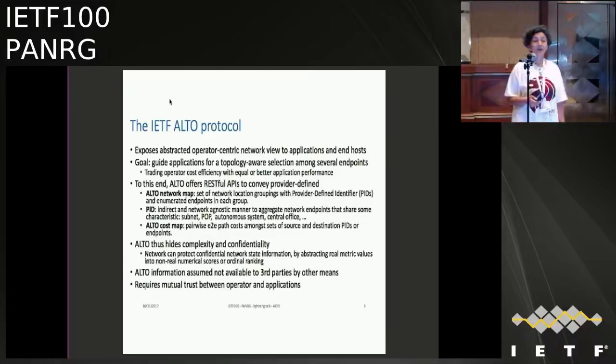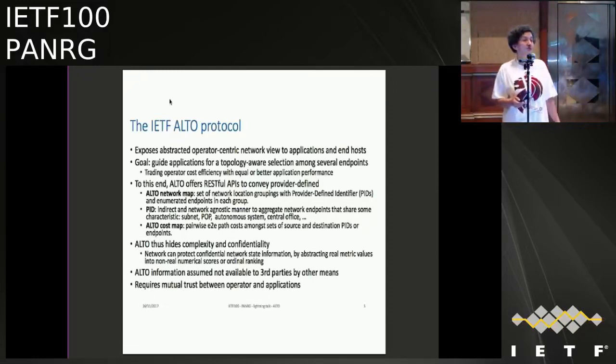So the provider identifier may be expressed in natural languages. So it's an indirect and network agnostic way to aggregate network endpoints that share some common property or characteristic.